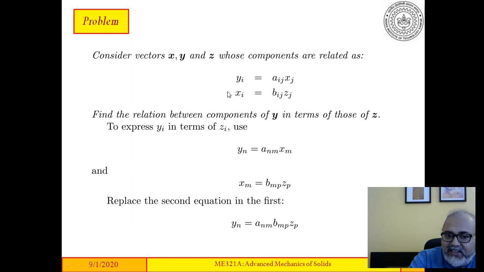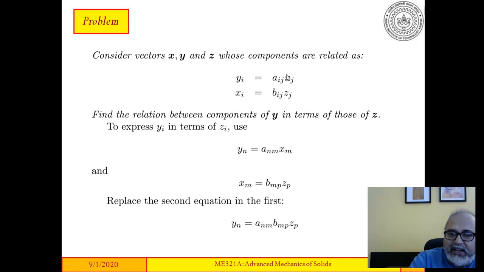So this is a set of three simultaneous equations, each with three terms connecting x1, x2, x3 to z1, z2, z3. Similarly, this is another simultaneous equation which connects the three components y1, y2, y3 to the three components x1, x2, x3 of x through these coefficients which are a11, a12, etc.